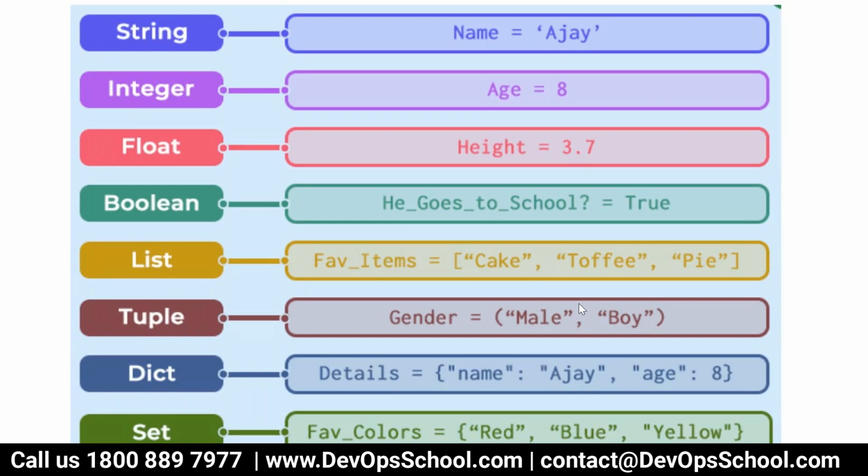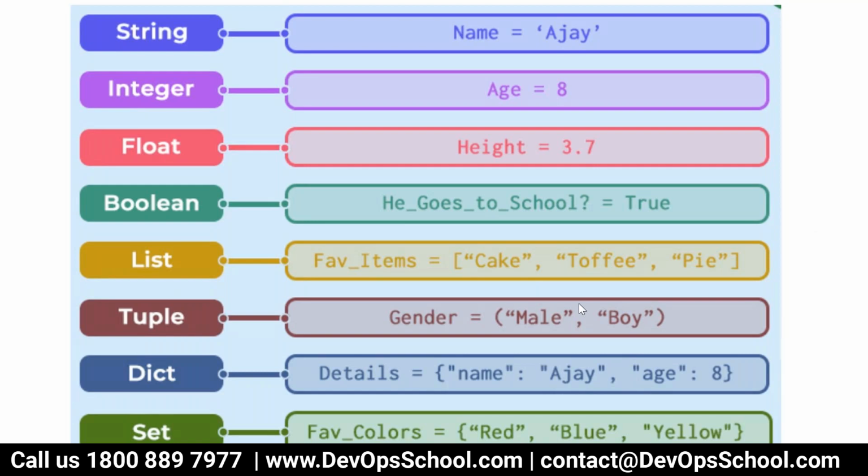How do we represent a float? You see 3.7, a decimal point, so that means float. Boolean can be true or false. Just look at the true: T is caps, and false also, F caps.